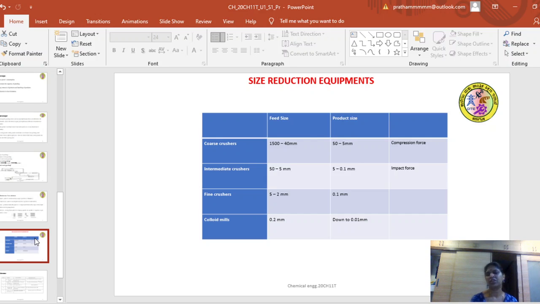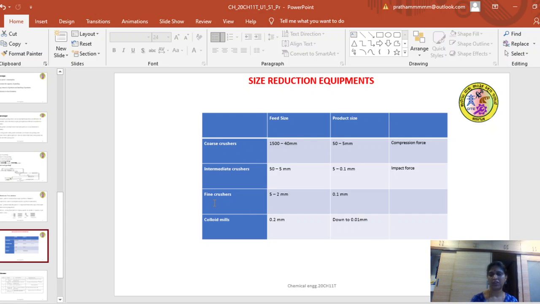The ball mill will come under the fine crushers, and the colloidal mills also will come under the fine crushers. So all will be learned. Just have a knowledge of the feed size and the product size to which it will be reduced.